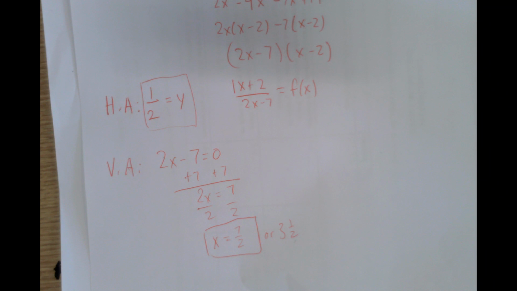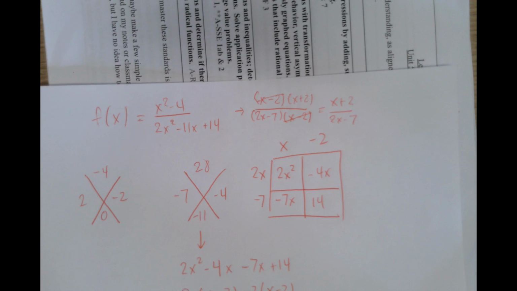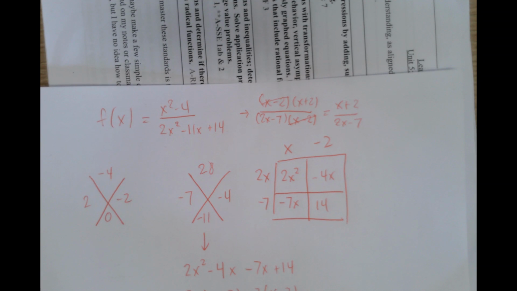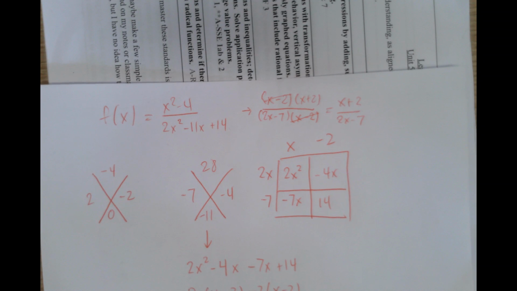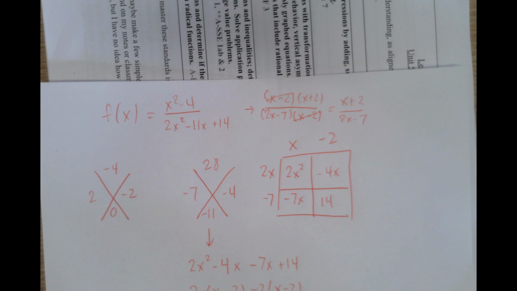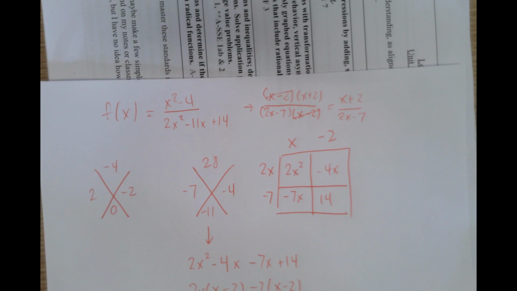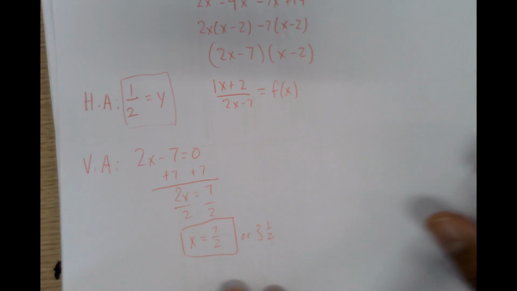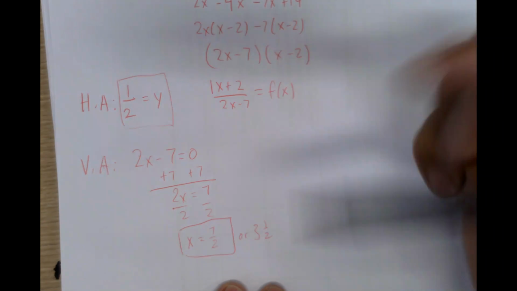Darren? No, there's a hole if you can cancel something out and reduce it. Okay, so if we look at the original equation, did we cancel anything out? So we did. What did we cancel out? Alright, we canceled out x minus 2. So that means at x minus 2, there's a hole.